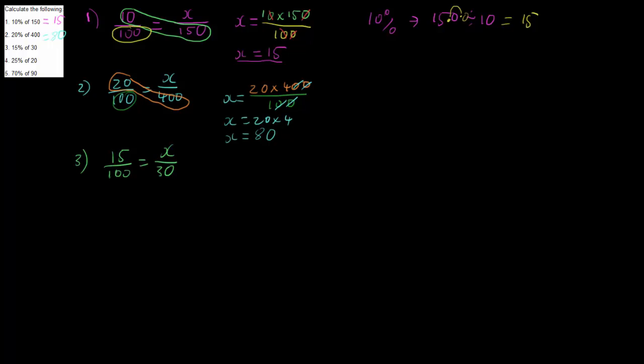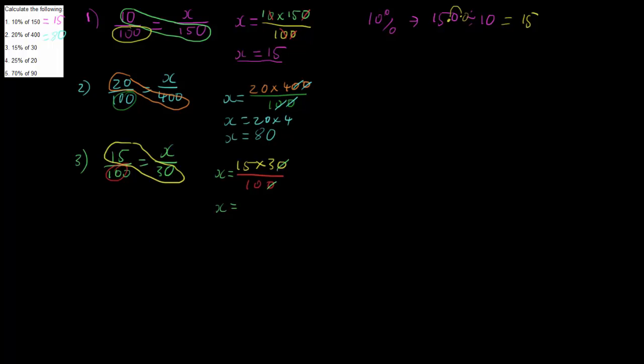So again, I'll take my two diagonals, which is my 15 and my 30, and I'll multiply those together. 15 times 30, and then I will divide by whatever's left, so divide by 100, and that is going to give me x. So I'm going to get rid of these two zeros here, and I'm going to be left with 15 times 3 divided by 10.